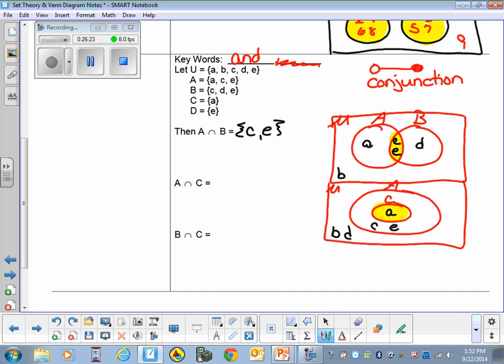All right, B intersects C. Do we have any elements in common? No. I could draw it as overlapping sets, or I could draw this one as disjoint sets.